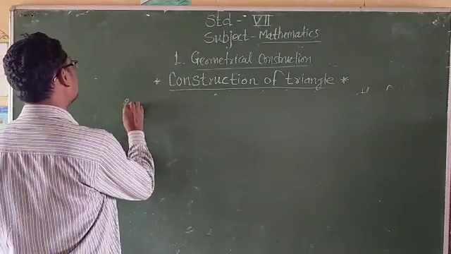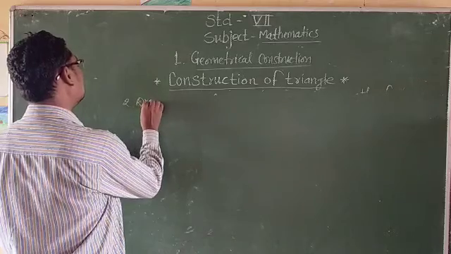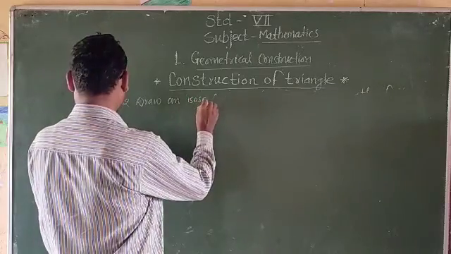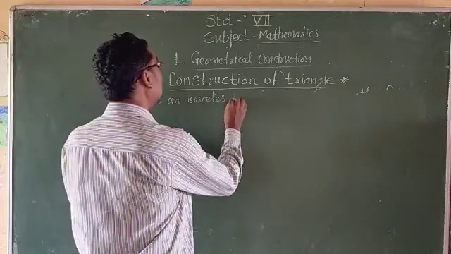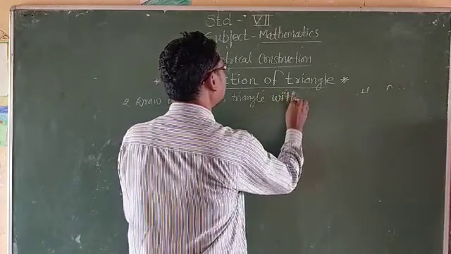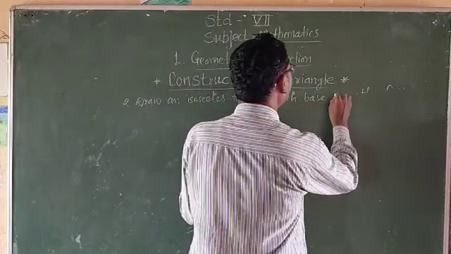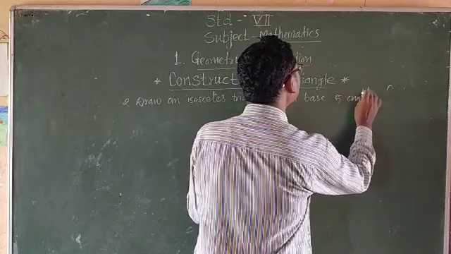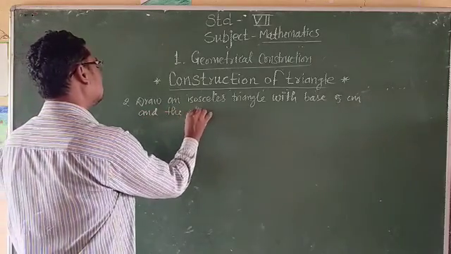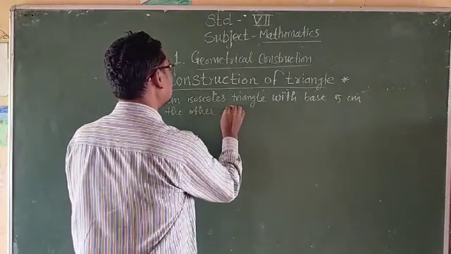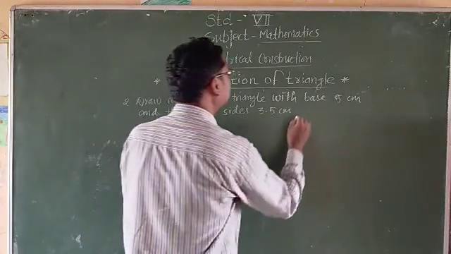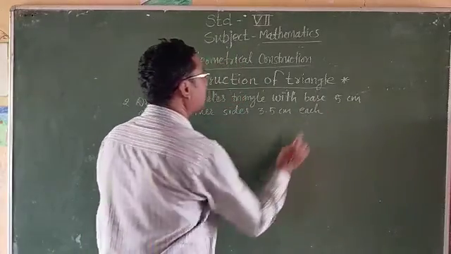So our question is: draw an isosceles triangle with base 5 centimeter and the other sides 3.5 centimeter each.